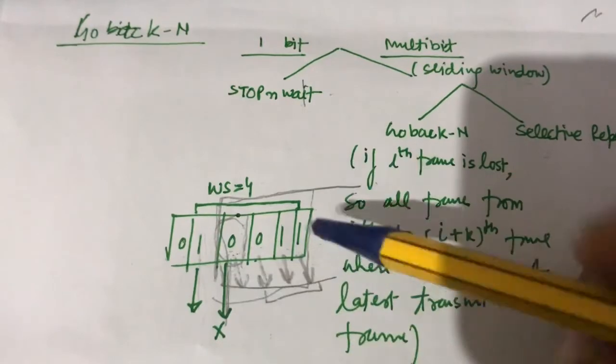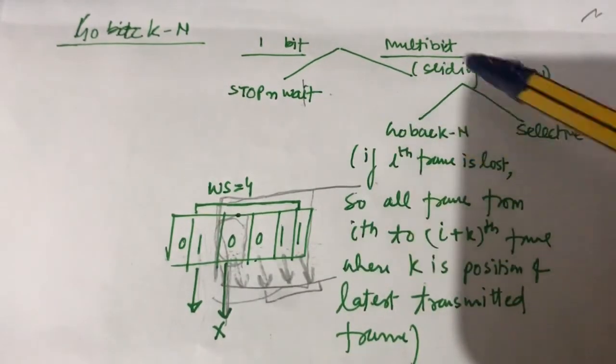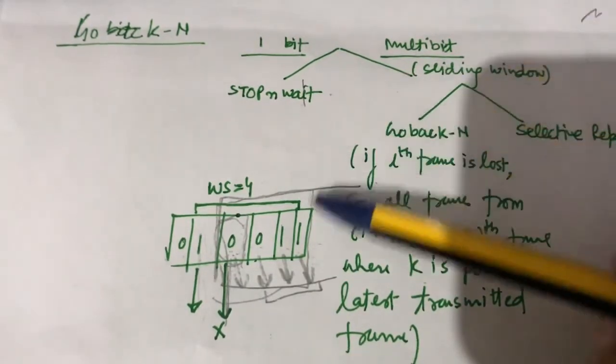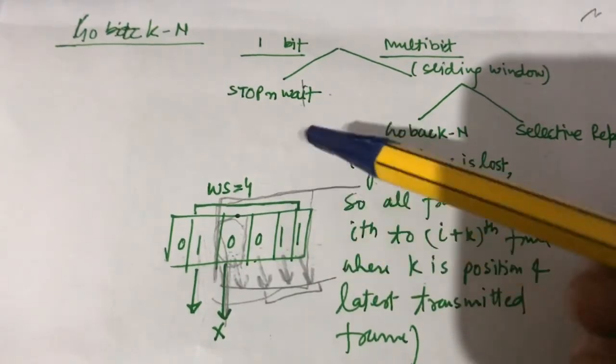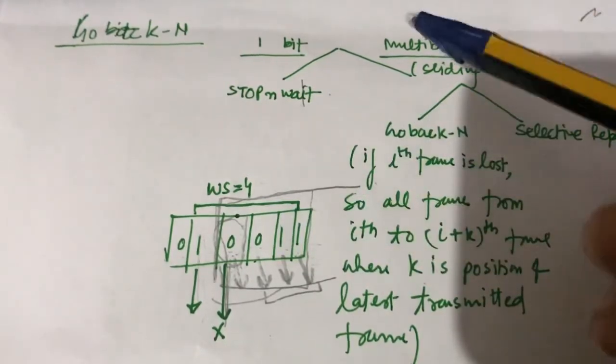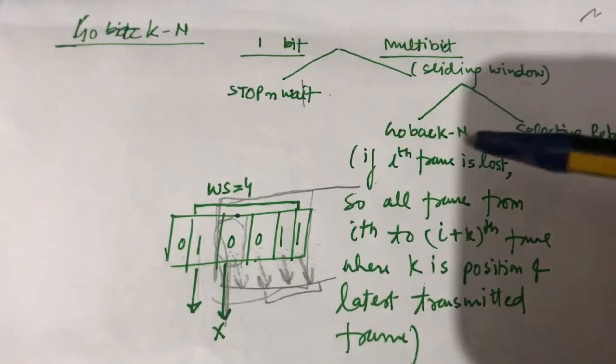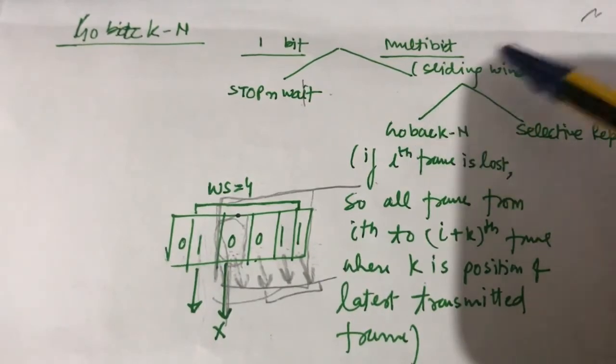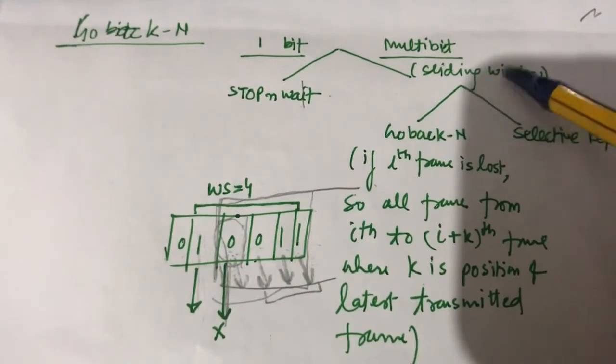So this is the concept of sliding window. Now, on the receiver side, the window size is always equal to 1.